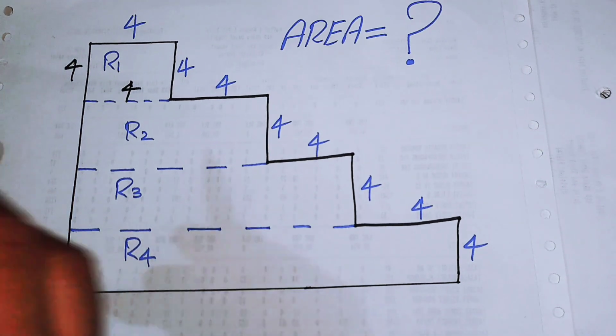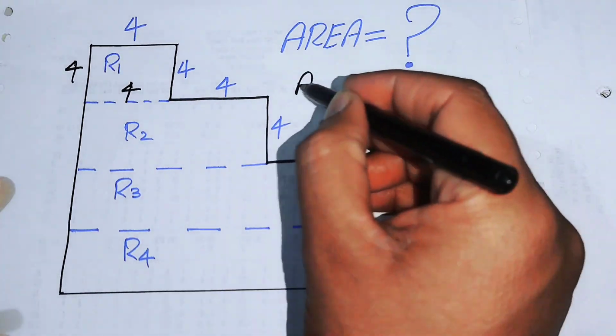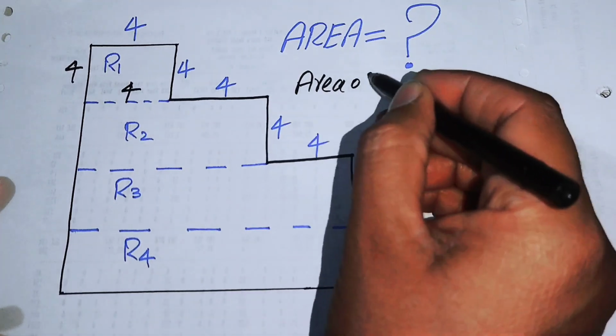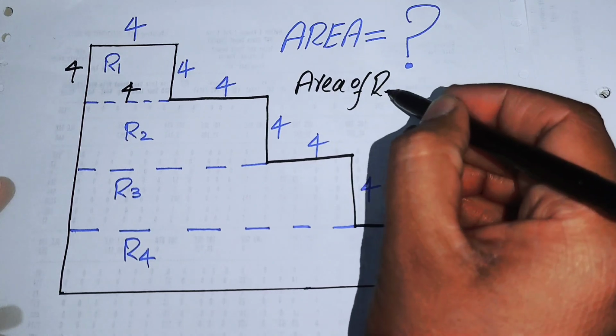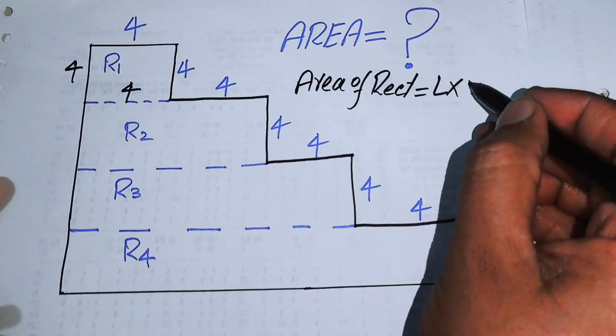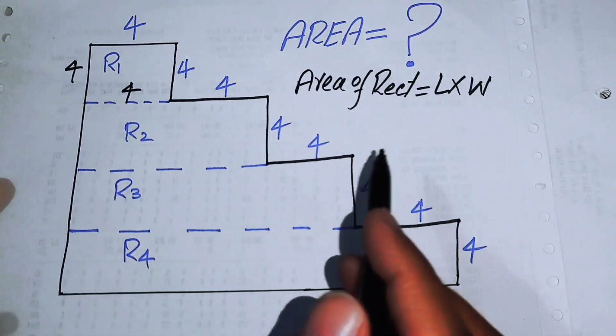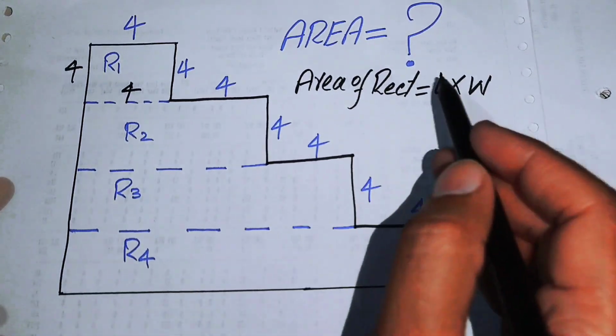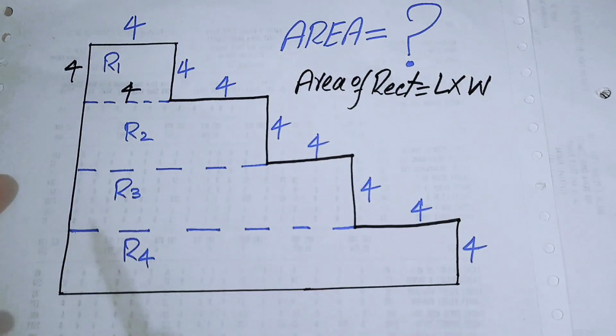And we know the formula of area of rectangle equals length multiplied by width. This is our general formula to find the area of a rectangle.